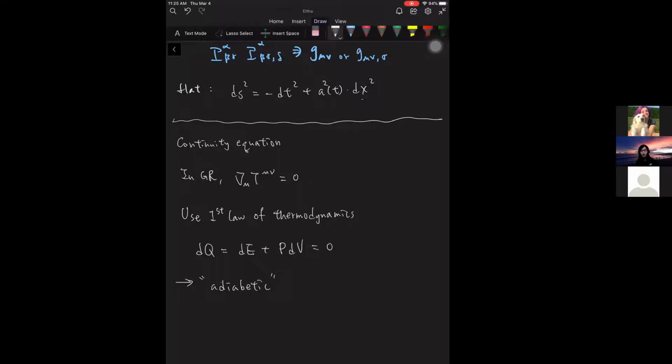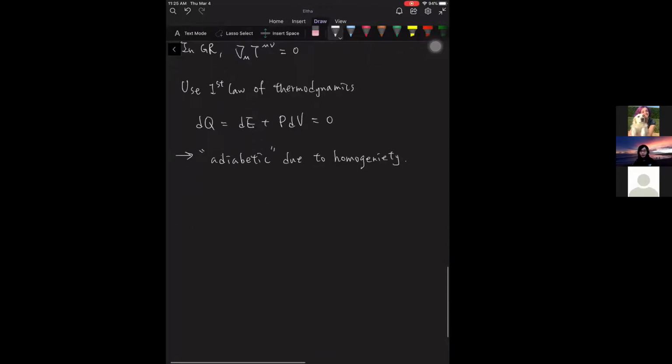And the reason we can assume this is because we are considering a homogeneous and uniformly expanding sphere, so it would be adiabatic due to homogeneity. All right, with this very simple equation, we can derive that.